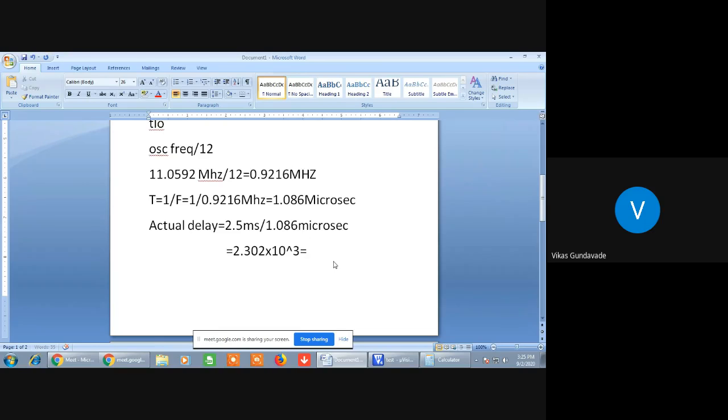So it is equal to 2302. That will be the time count required for the actual delay.